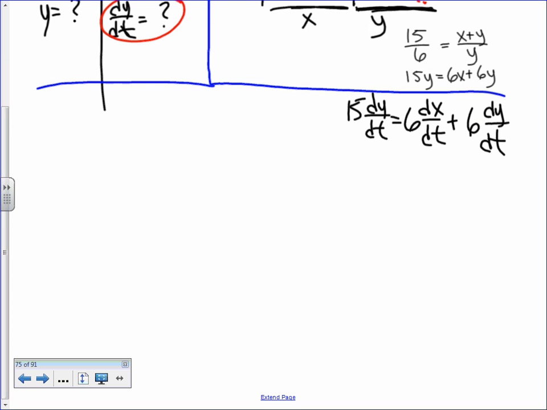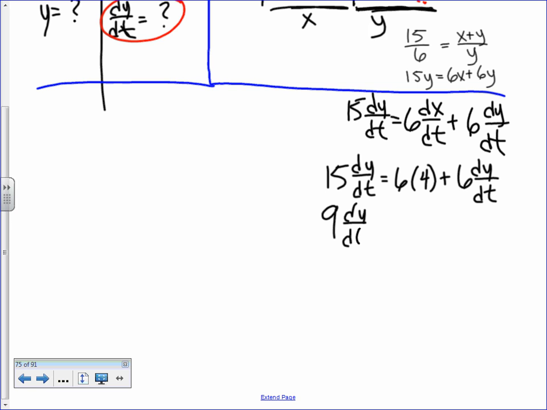So I have 15 dy dt equals 6 times 4 plus 6 dy dt. Okay, I subtract my 6 dy dt. I've got 9 dy dt equals 24. So dy dt equals 24 over 9. And these are both divisible by 3, equals 8 over 3.